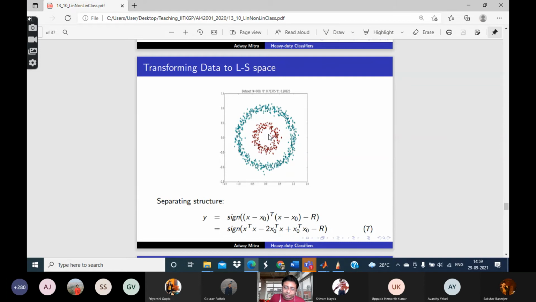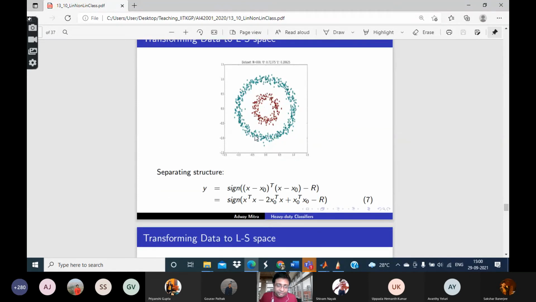Say in this case, you can understand that there are two sets of points which are organized as concentric circles. So this data set suggests that if we consider a circle whose origin is somewhere here and whose radius is something like this, then such a circle will lie exactly between these two sets of points so that they will be separated, correct?